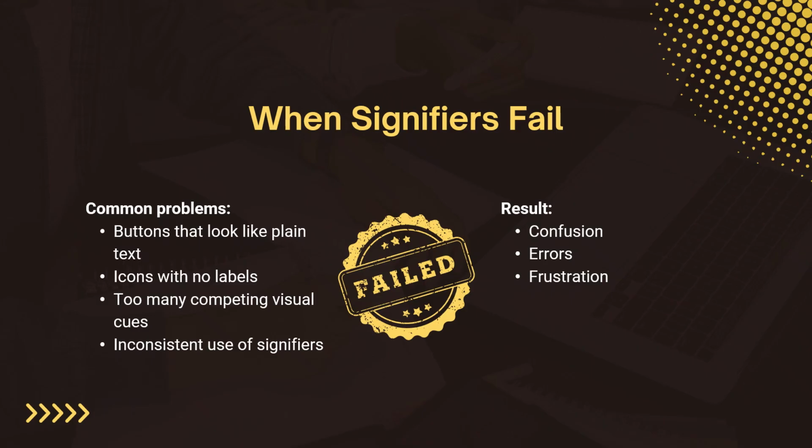When users say, I didn't realize that was clickable, or I didn't know what that icon meant, or I wasn't sure what to do next, what they're doing is describing signifier breakdowns. And this is where HCI analysis becomes really powerful.